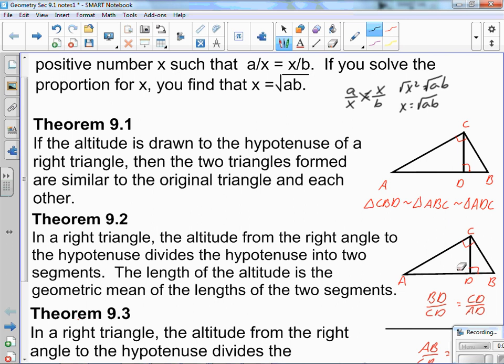Right, so BD, the length of this part of the hypotenuse over the length of CD, the altitude, is equal to the altitude CD divided by the length of AD. Right, so that geometric mean, remember, basically in a proportion, it means it's on the bottom on one side and the top on the other.